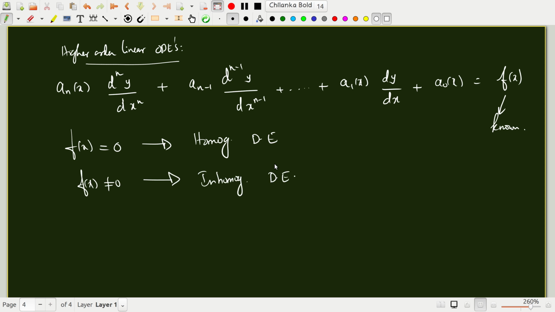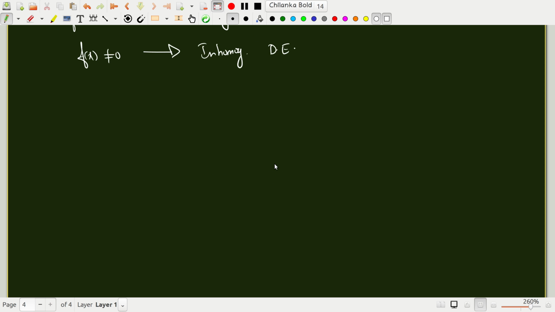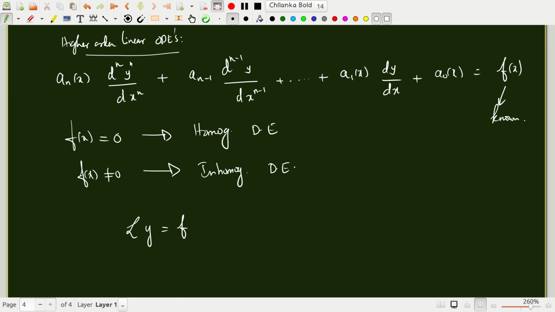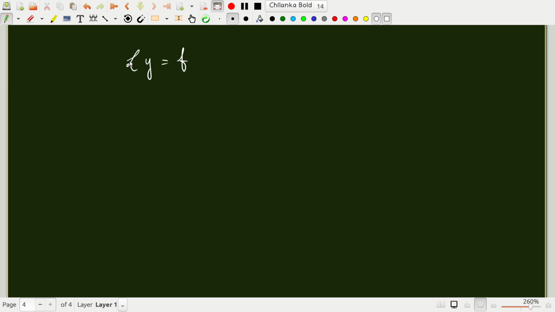Now the general solution. Let's call this differential equation Ly = f, where L is this operator, written just to save time. First solve the homogeneous problem Ly = 0.